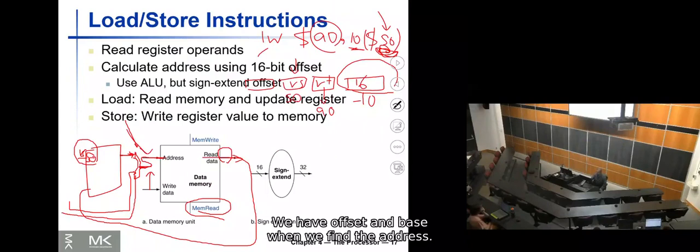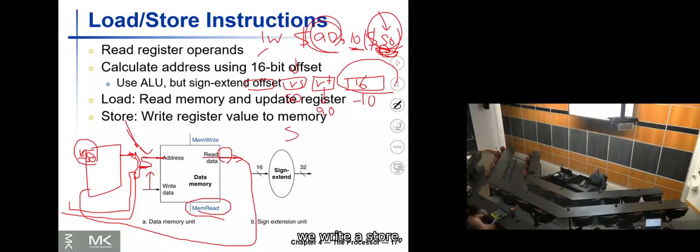When we find the address, then also we have the data. The data, this register, where was the register, the offset? This register for a store. This is the address. Where is the data? Data is this one.